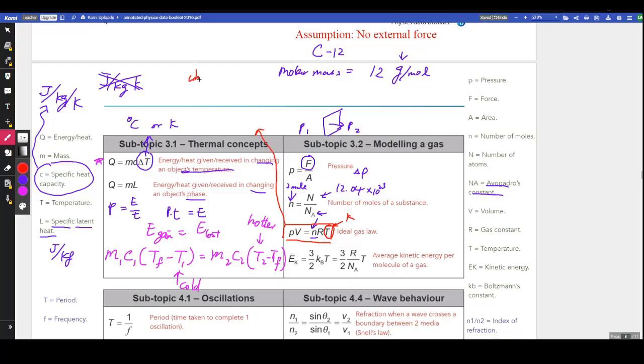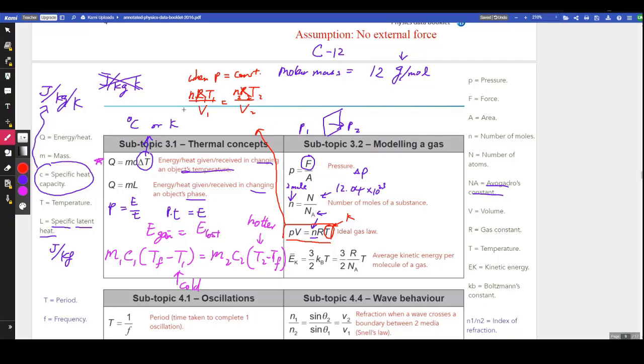For example, when pressure is constant, then if I rearrange them to one side, or you can do it the other way around, it doesn't really matter, you get nRT over V equals nRT over V, with subscripts 1 and 2. And of course, this P is a constant, so I don't even need to put it like that. That means the rest should be of this sort of ratio.